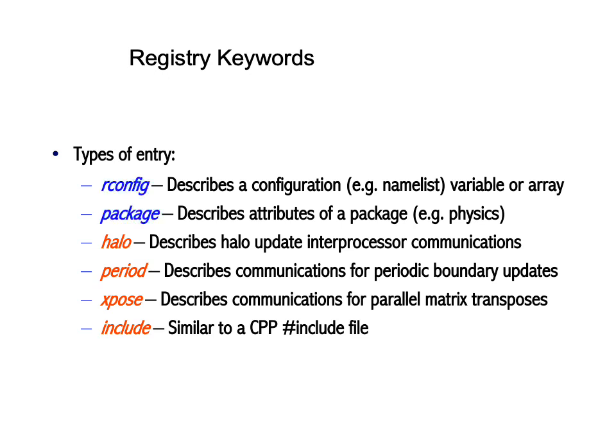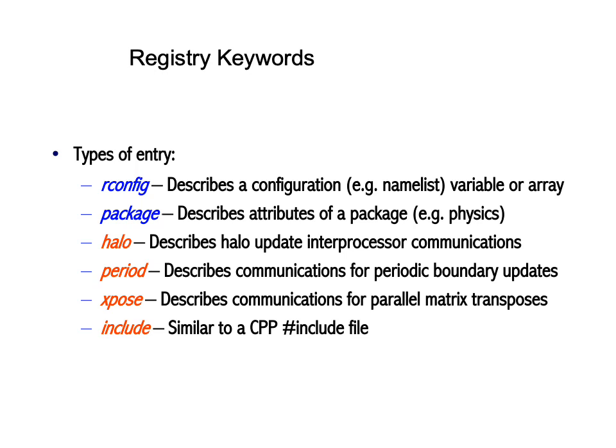In this list, really the only two that we would like to have users be responsible for are rconfig and package. So the big three are state variables, and that's information that you want to go into the model, you want data to come out of the model, or you have data that you know needs to be communicated. rconfig allows a user to define how namelist variables are constructed and used.